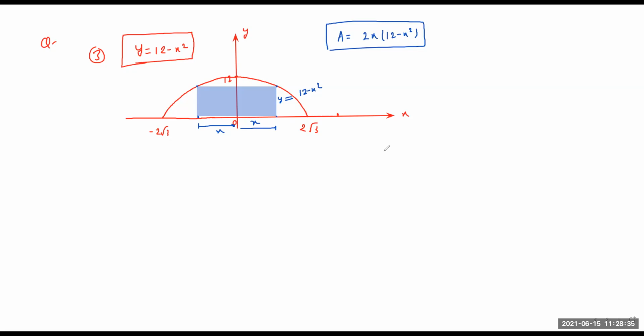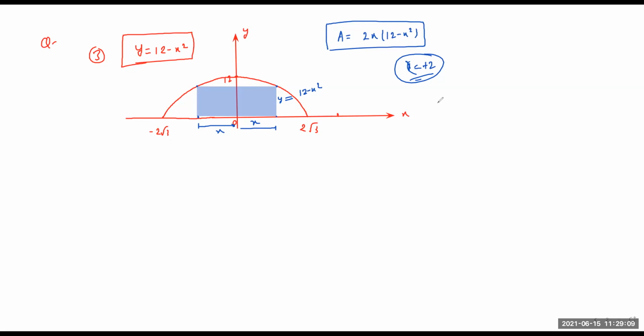After differentiating, we have to put x equal to plus minus 2. Take plus 2, because x is a length; it's a rectangle, it's area.